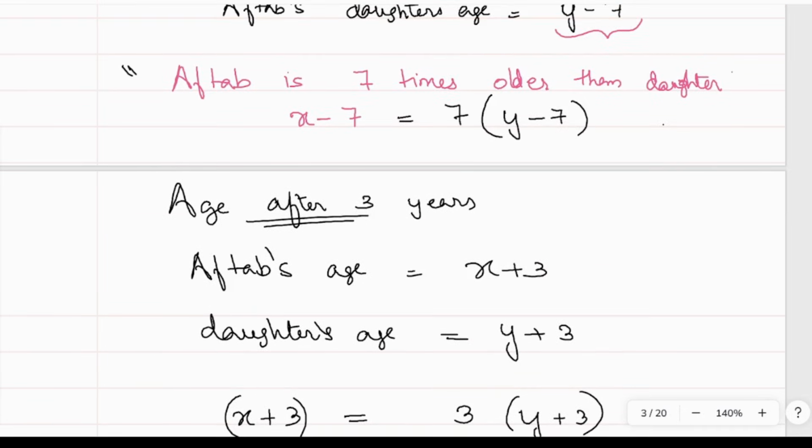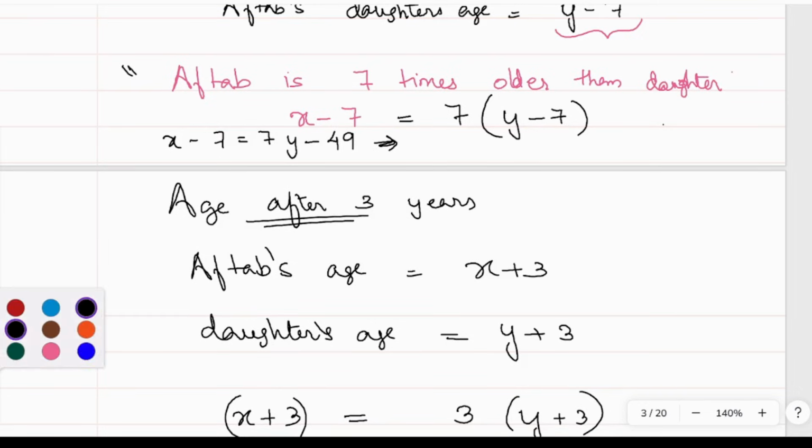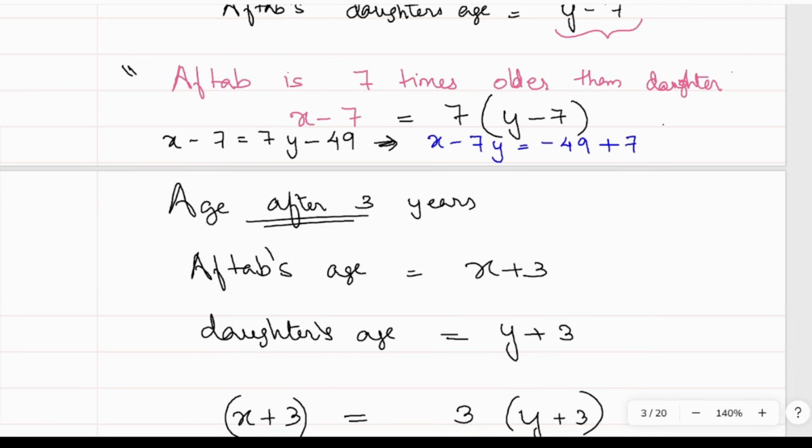Now we need to solve these two equations. Here we will get x minus 7 is equal to 7 into y minus 7. So I can write x minus 7 equal to 7y minus 49. So I will move this 7y to the opposite side, that is x minus 7y equal to minus 49 plus 7.